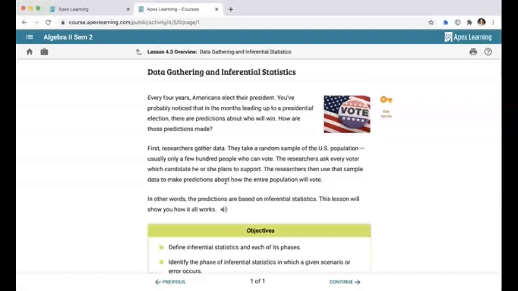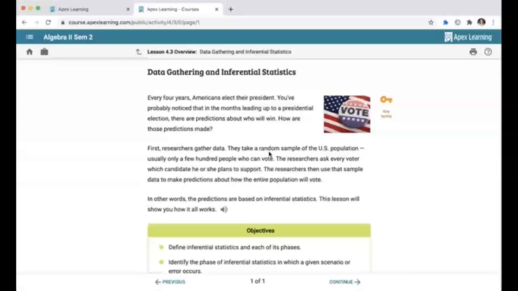What they do, and this one's talking here about predictions, is when it leads up to the voting, they'll gather an amount of data from looking at different factors.